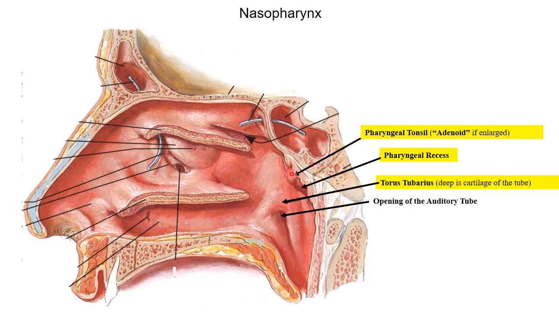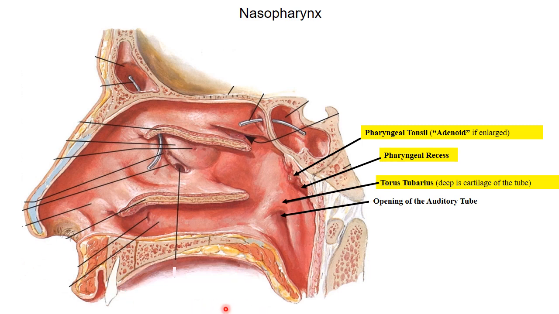If it's enlarged, if this thing swells up and becomes inflamed, we refer to it as an adenoid. So when people say they've had their adenoids removed, they're talking about this structure, the pharyngeal tonsil. Imagine if this thing swells up, it can close off the airway a little bit.